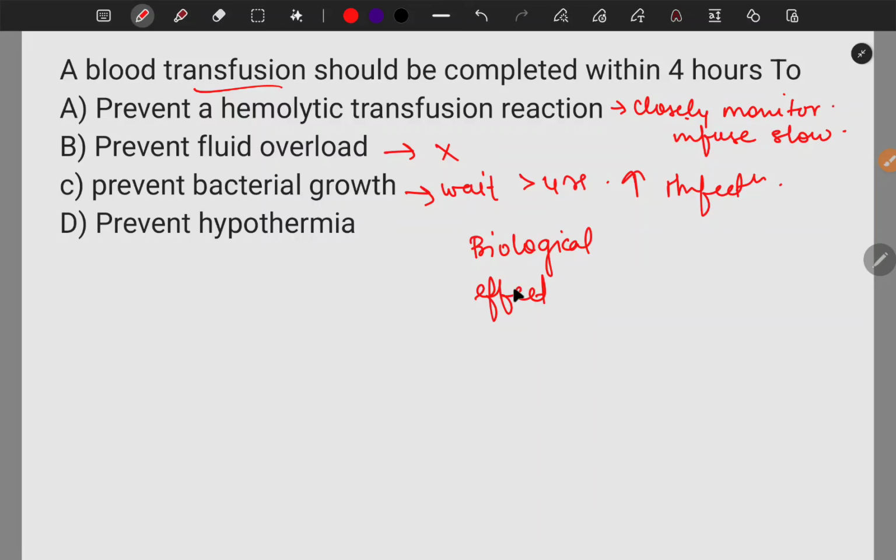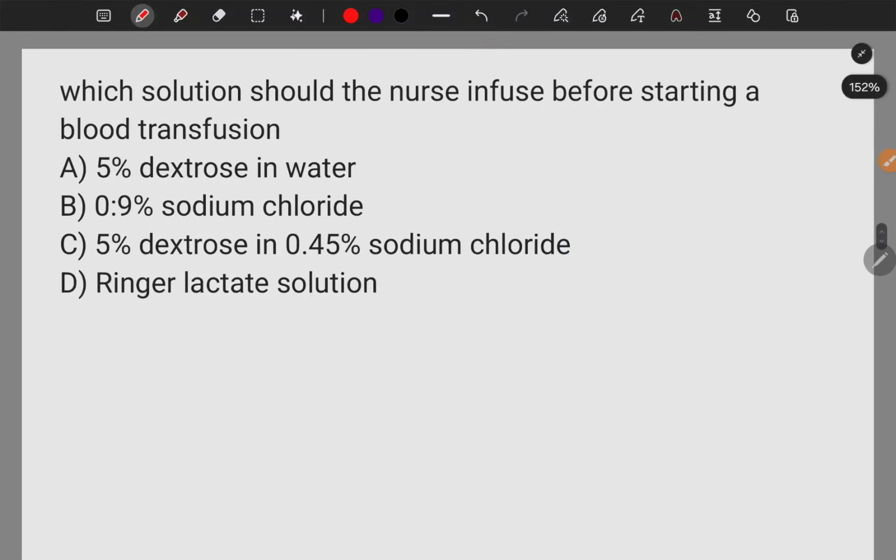And limit the risk of bacterial growth, which can cause septicemia. Which solution does the nurse infuse before starting a blood transfusion? As I said, dextrose you don't have to use. Dextrose no, RL no, only 0.9% NS.